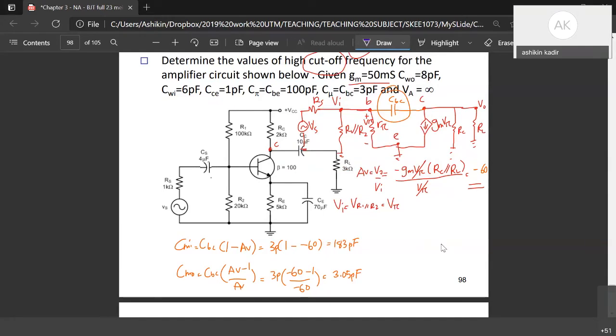Given CWO, wiring output, you draw the CWO, and then you have CWI, wiring input, CCE, C pi.